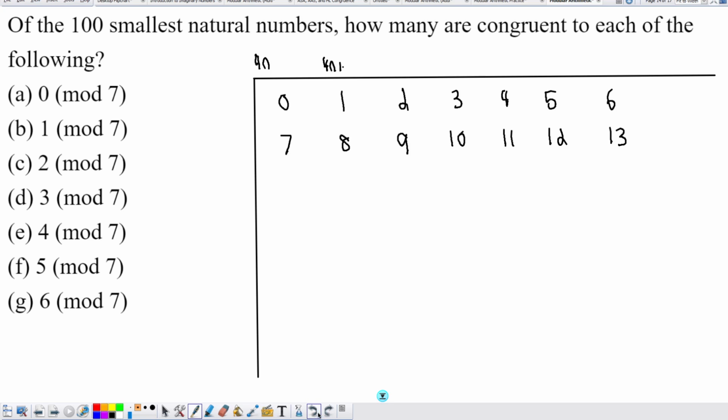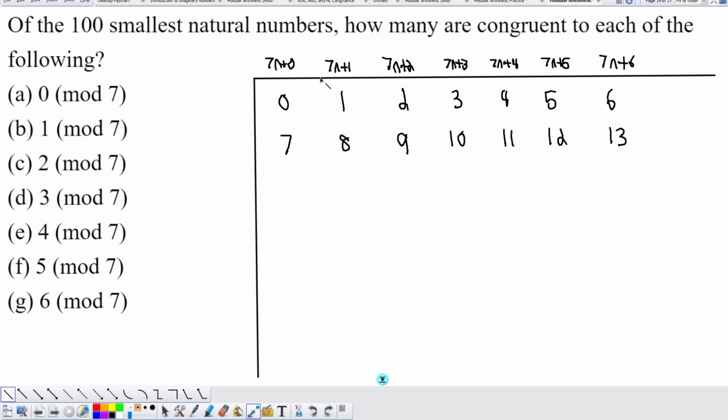I'm still stuck on the last problem's thinking. 7n, 7n plus 1, 7n plus 2, 7n plus 3, 7n plus 4, 7n plus 5, and 7n plus 6. And I can even say that this is 7n plus 0.